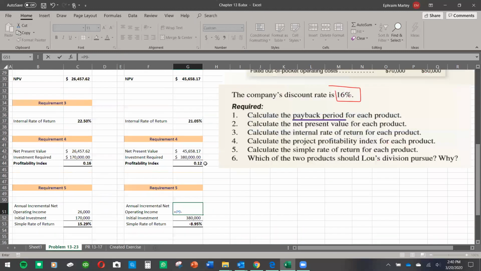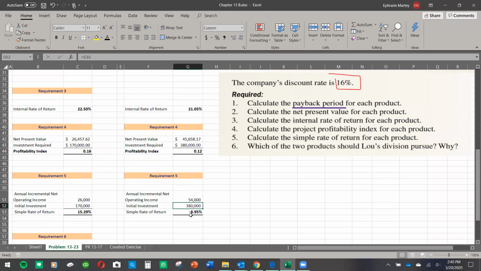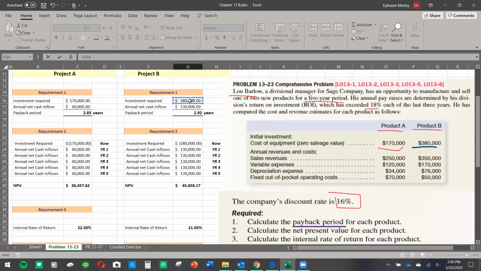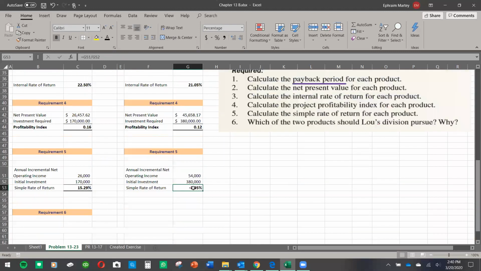So we'll type in 76,000, and that gives us 54,000. What is the initial investment? The initial investment was 380,000. We put 380,000 here, and then we divide 54,000 by 380,000, and that gives us 14.21%. Okay, does that make sense?